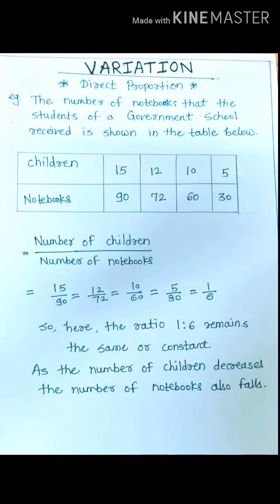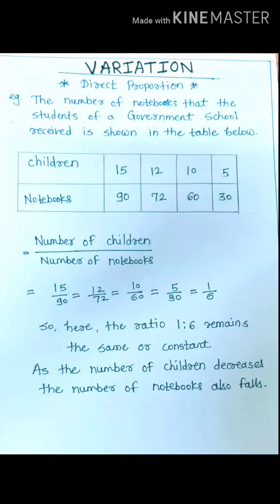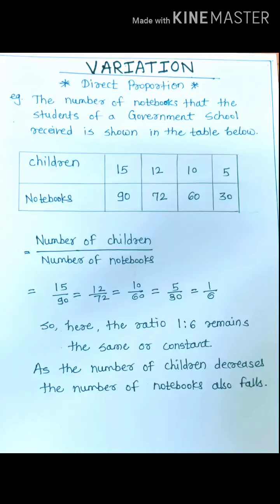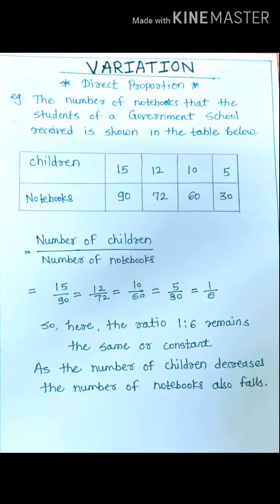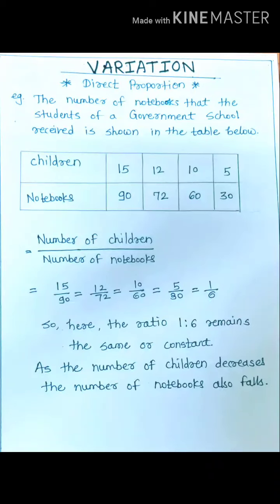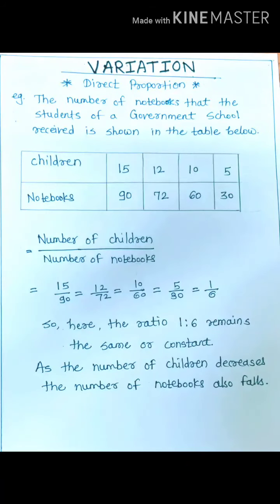If we take the ratio of the number of children and the number of notebooks, the ratio is 1 upon 6. In other words, the ratio 1:6 remains the same or constant. Here, as the number of children decreases, the number of notebooks also falls. So, this is an example of direct proportion.